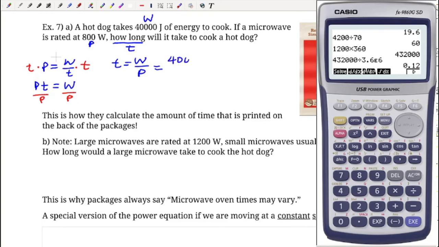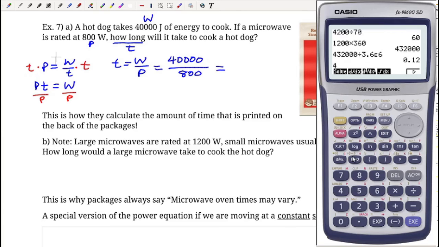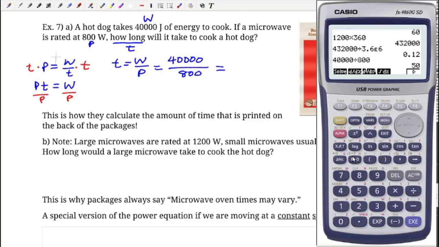So 40,000 joules divided by 800 watts gives me, let's see what I get. 40,000 divided by 800 gives me 50 seconds.